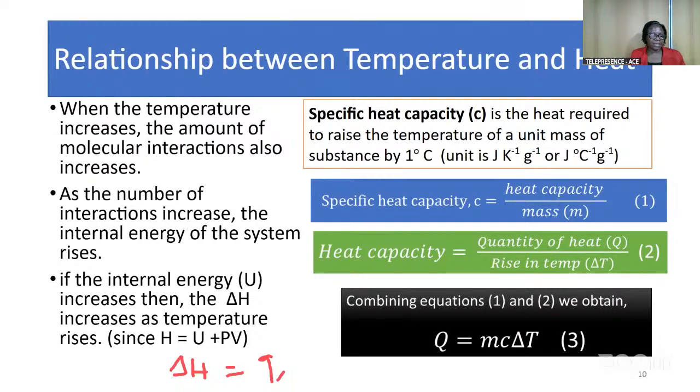So heat and enthalpy can be related together. And so temperature is what plays a major role here.